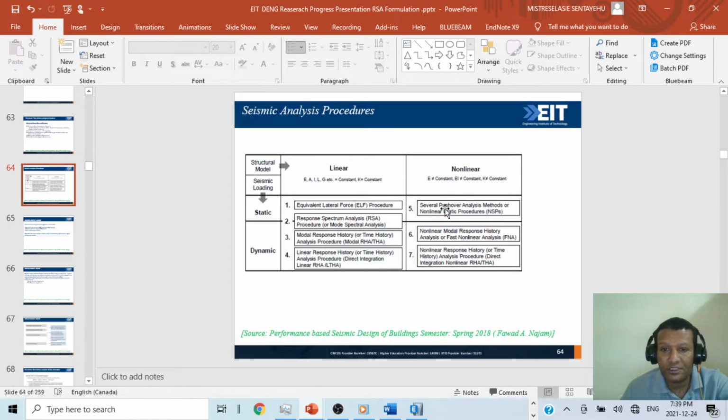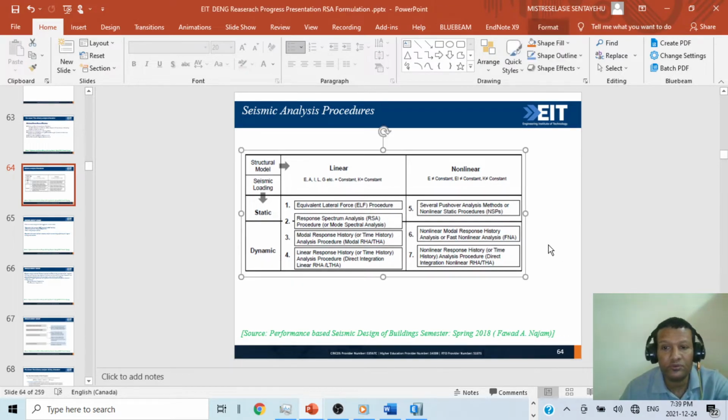Today we are going to concentrate on this one and this one, both. So we have pushover analysis, single mode pushover analysis, or we have other types. We will see nonlinear static procedures. We have a lot of pushover analysis types, single mode or multiple mode. We will see. Nonlinear model response history analysis is the same, fast nonlinear analysis using the concept of modal shapes.